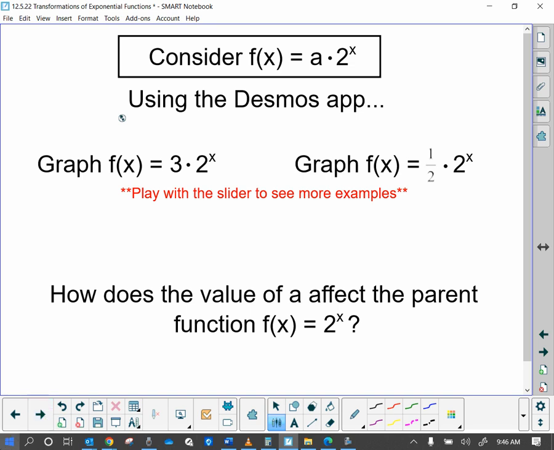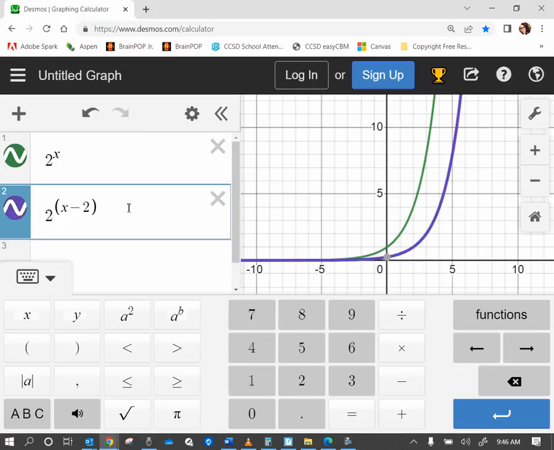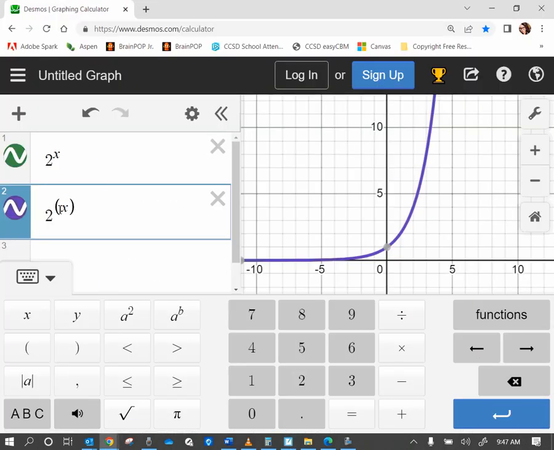So if our basic function, our parent function, again, is 2 to the x, like this one, and then we put in a 3 in front of it. We multiply by 3. Do you see how it kind of stretched it? It pulled it up a little?